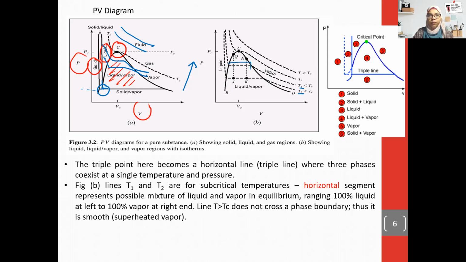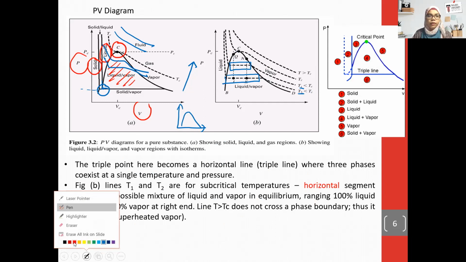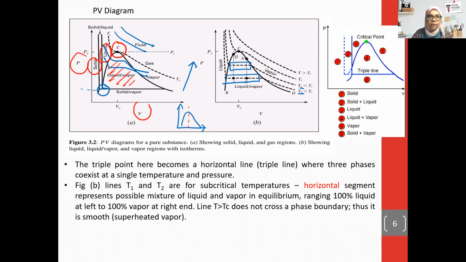So under the dome here, we have the region of vapor and liquid, ranging from 100% liquid, maybe at the left here. This is the dome. So this line here, maybe we have 100% of the liquid, and this is 100% for the vapor.